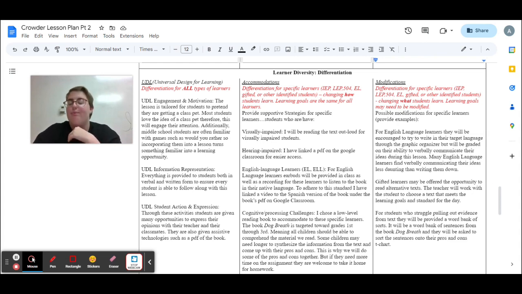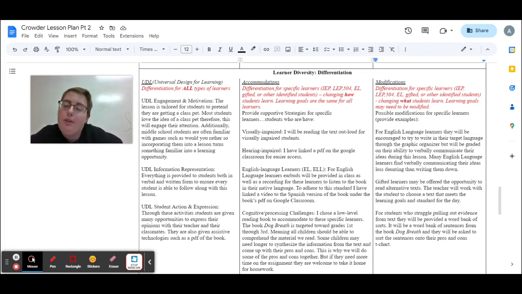It's also something they're familiar with. Most students know how to answer a would-you-rather question: I would rather, blah, blah, blah, because, blah, blah, blah. So it's a good way to turn something familiar into a learning opportunity.